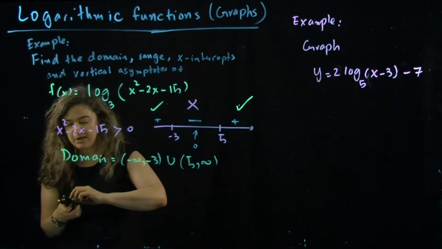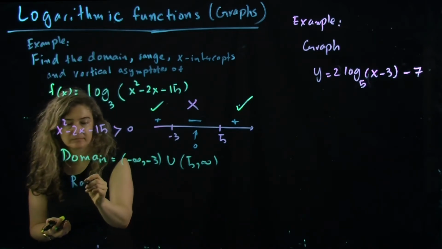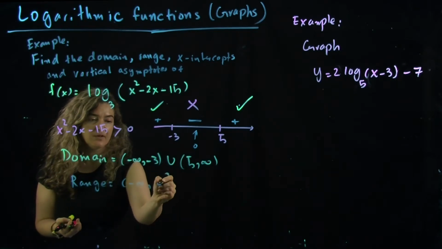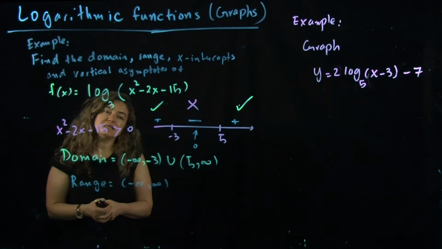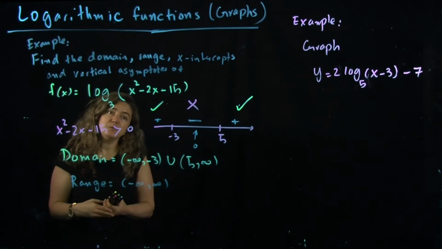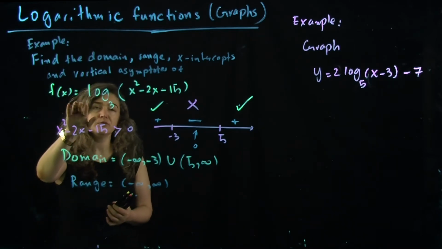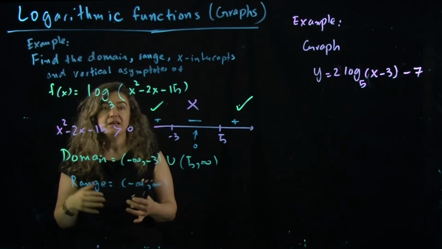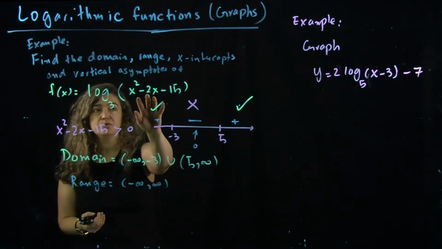So the range of this one is going to be -infinity to positive infinity. The next question is the x-intercept. When do we have an x-intercept? An x-intercept happens when y is equal to 0. That means log of whatever is inside is equal to 0, which means the inside is supposed to be equal to 1.